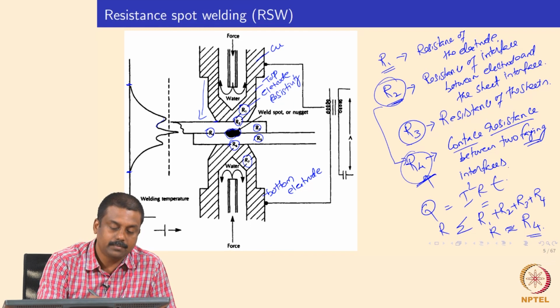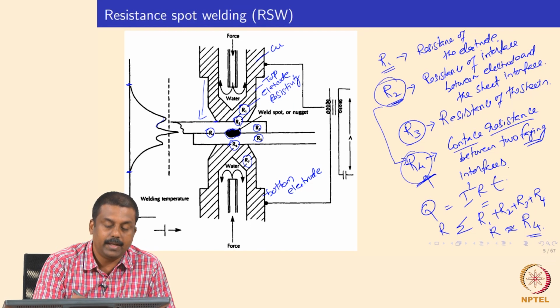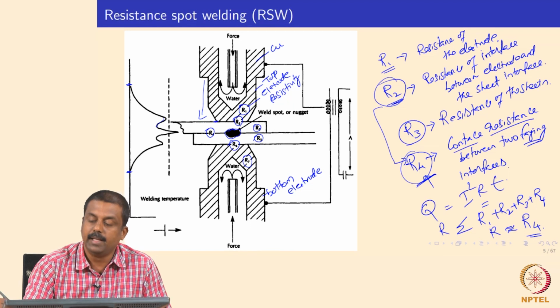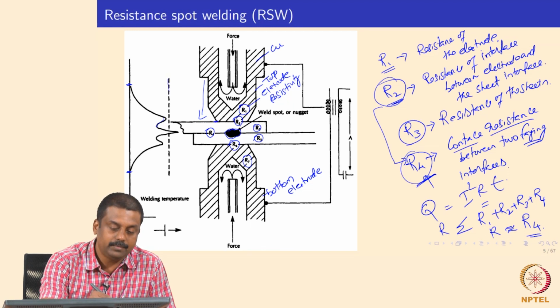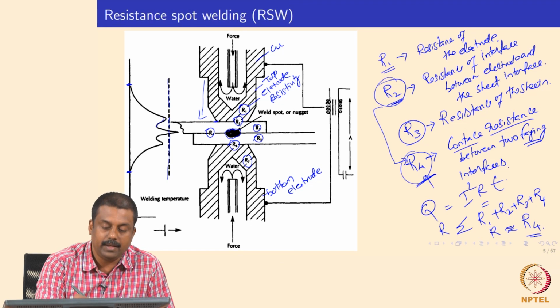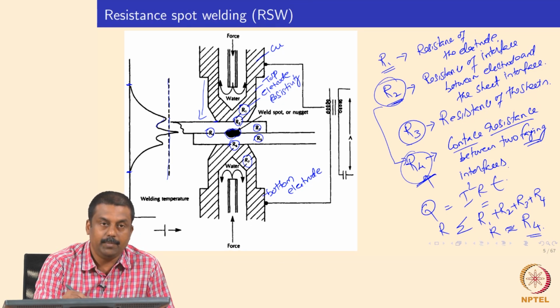At the interface between the sheets, the temperature goes to a maximum, given by the contact resistance. If this is your melting point, the temperature at the interface can go above it, leading to formation of melt, and if you increase time or current, the melt grows, forming a weld nugget.